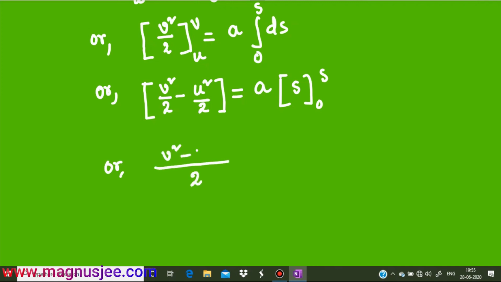So v square minus u square, whole divided by 2, equals as minus 0, or v square minus u square equal to 2as.